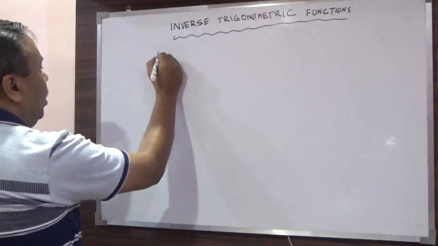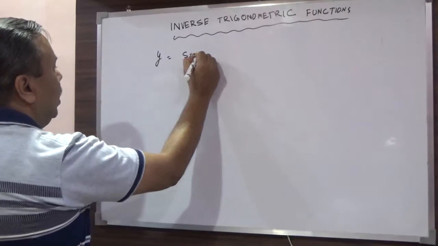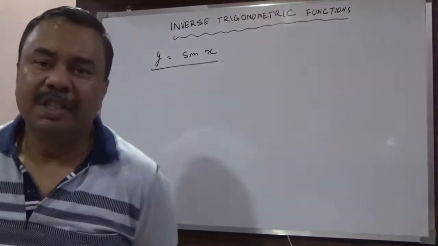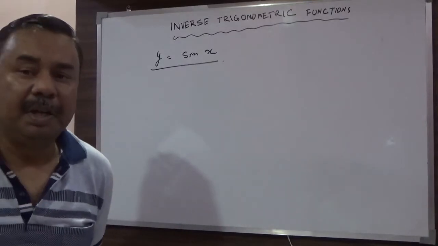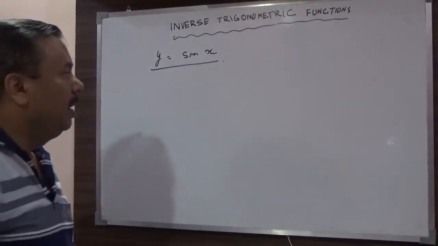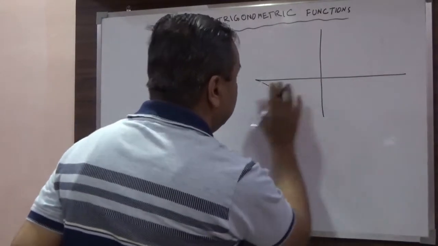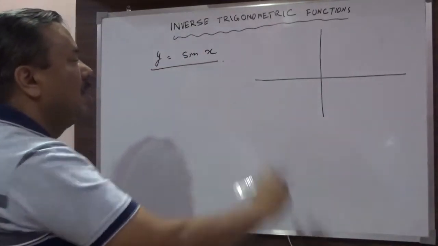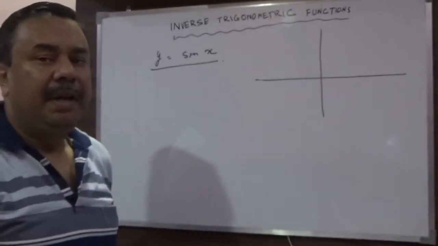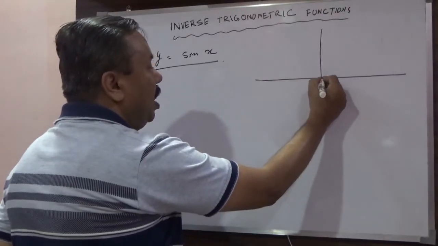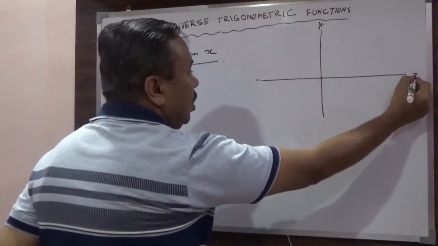Suppose I say y is equal to sine x. You know this is the direct trigonometric function. Now if I draw a graph of this, what will happen when x is 0? When x is 0, the value of y was 0. This is your y-axis and this is your x-axis.